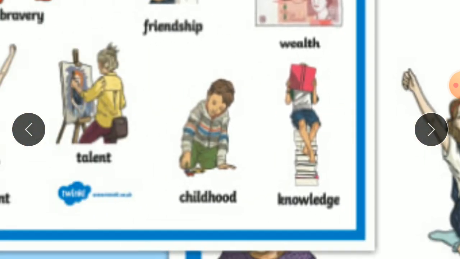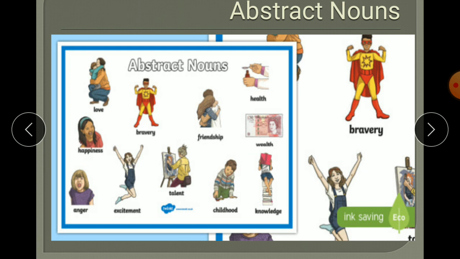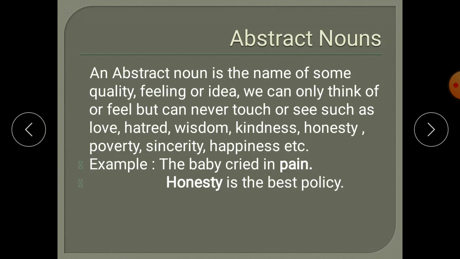All these things we cannot count, we cannot see, but we can feel. These are the emotions, these are the ideas, these are the qualities. We cannot touch, but we can feel. So the abstract nouns are the nouns that cannot be touched or seen, but they can show the emotions, the ideas, and the qualities of a person.